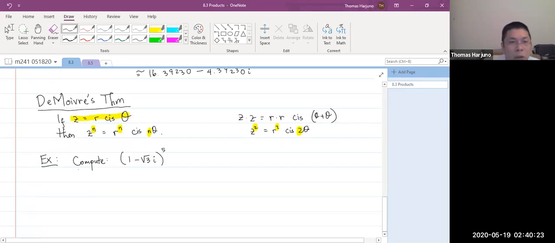So this is the way I do it. Let z equal 1 minus radical 3i. Now what I want you to do, I give you 3 minutes, maybe 2. Find out what this will be in trig form. What is the r? What's the theta? 3 minutes.